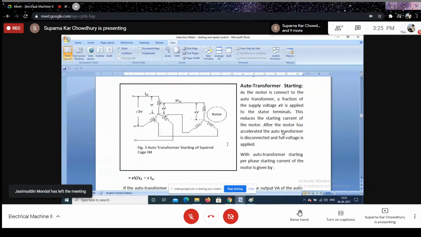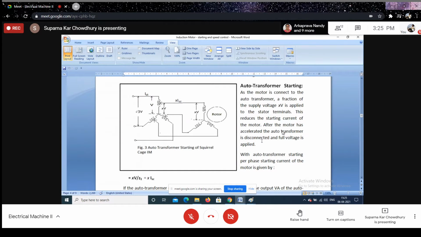So this will reduce the starting current. After the motor has accelerated, the auto transformer can be disconnected, or normally what we do is vary this point to the full voltage. So full voltage is applied.